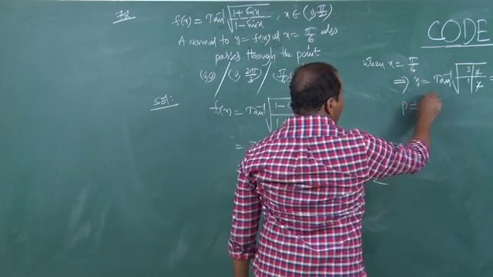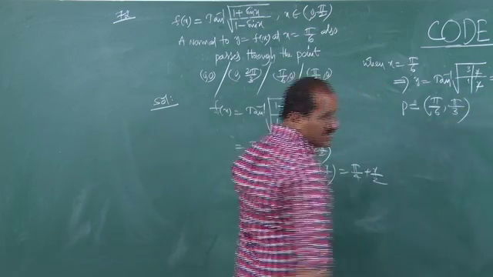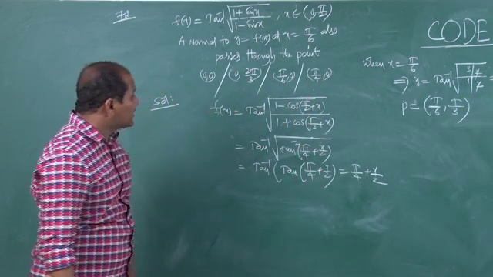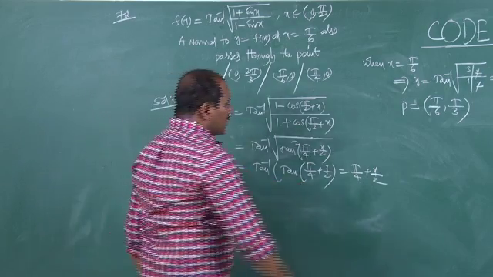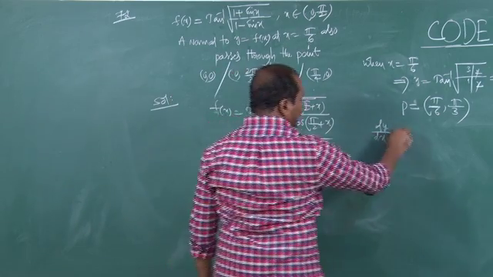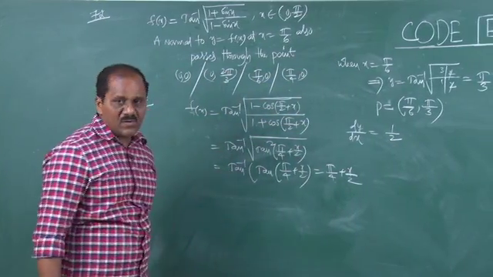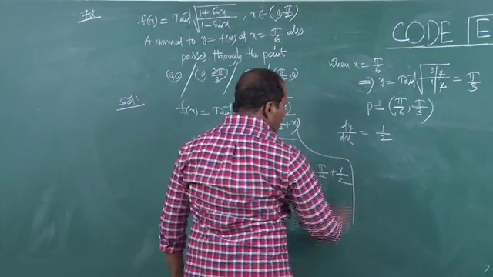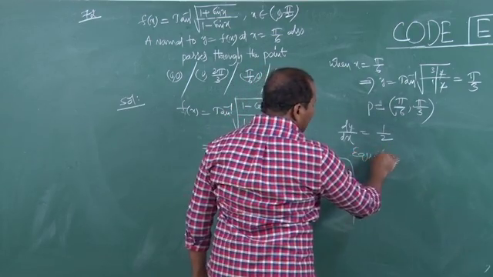So, the point will be x coordinate pi by 6 and y coordinate pi by 3. At this point, write the equation of the normal. We know for y equal to pi by 4 plus x by 2, the derivative equals 1 by 2, meaning the slope of the tangent equals 1 by 2. Hence, the slope of the normal is minus 2.